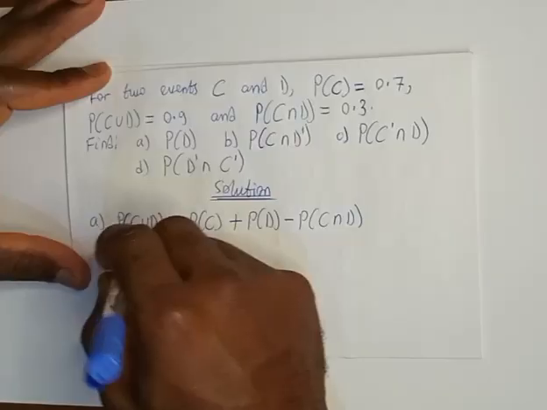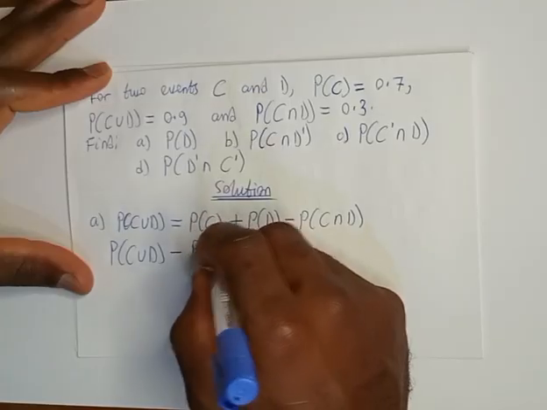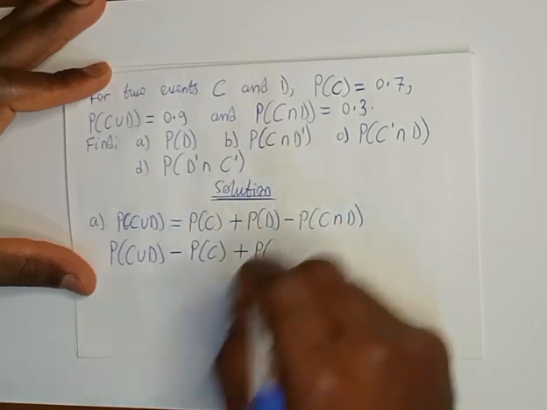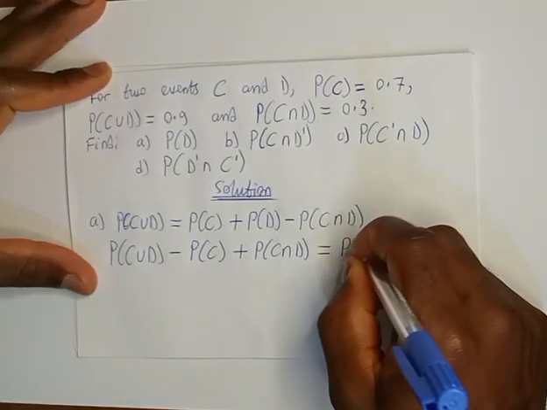This will give us P of C union D minus P of C plus P of C intersection D, and this will be equal to P of D.